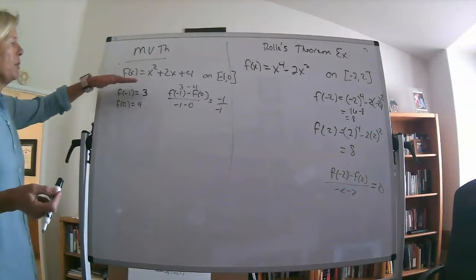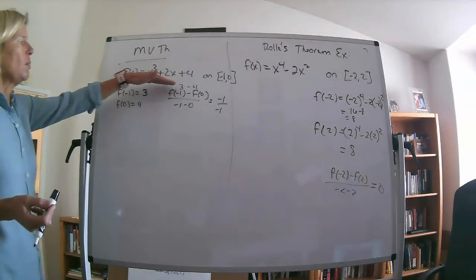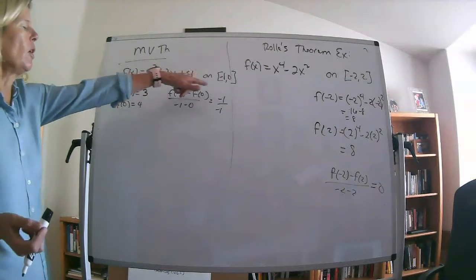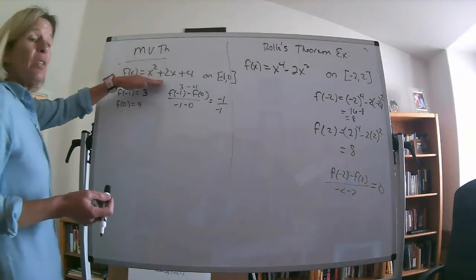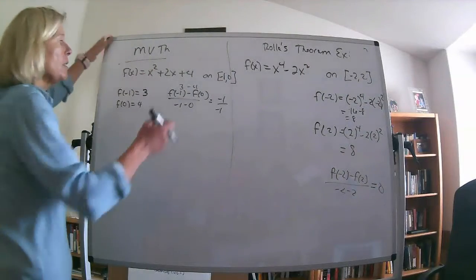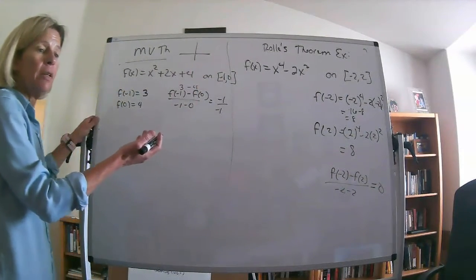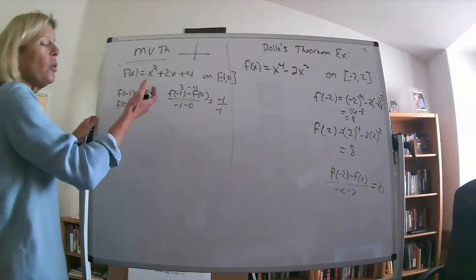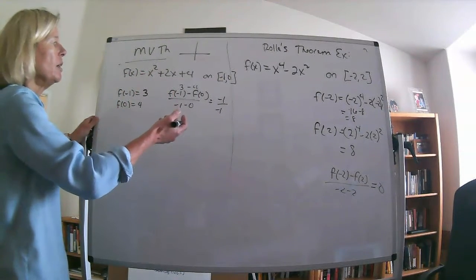For the mean value theorem, if I have f of x equals x squared plus 2x plus 4 on the interval -1, 0. I know this function is continuous and differentiable because it's a parabola. So, because I have a parabola, a polynomial function, I know I've met the conditions.